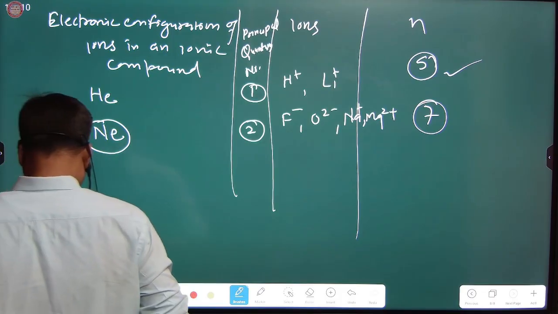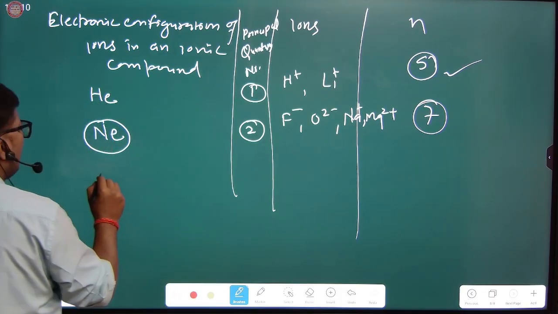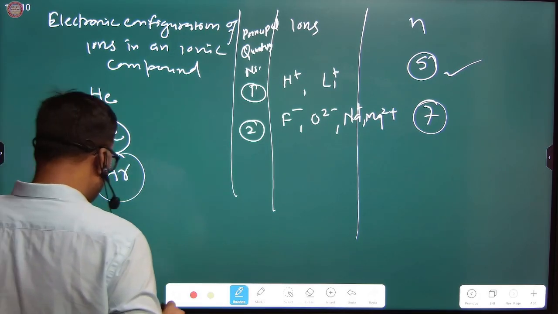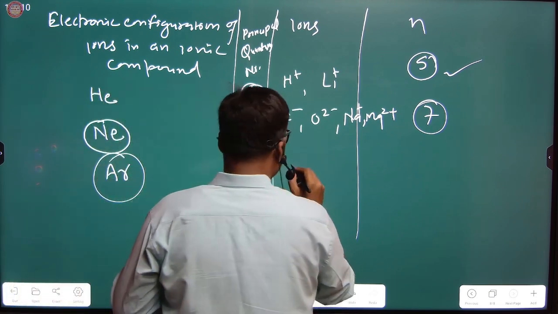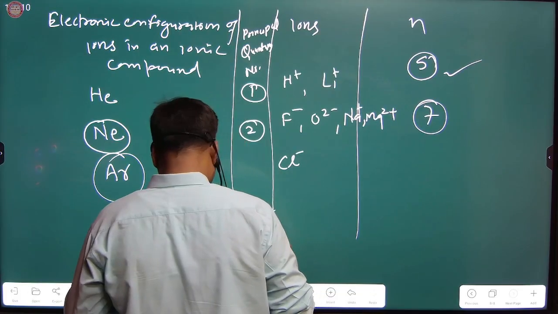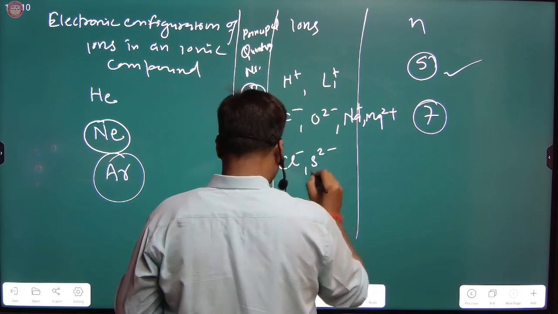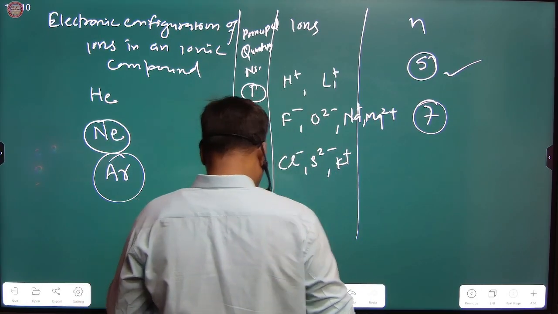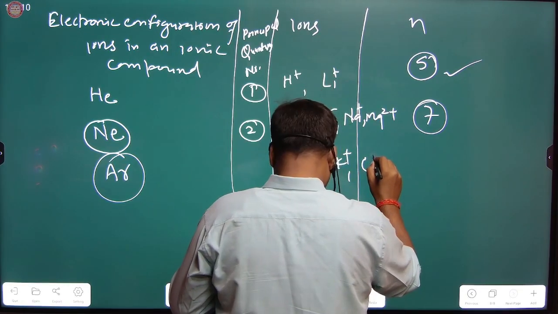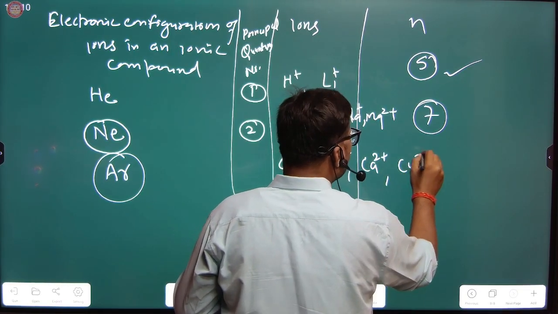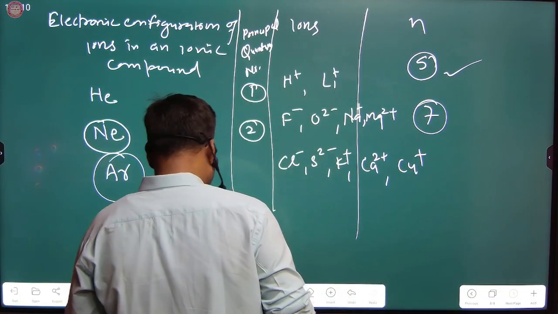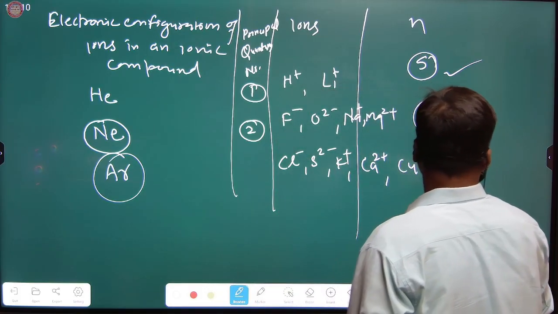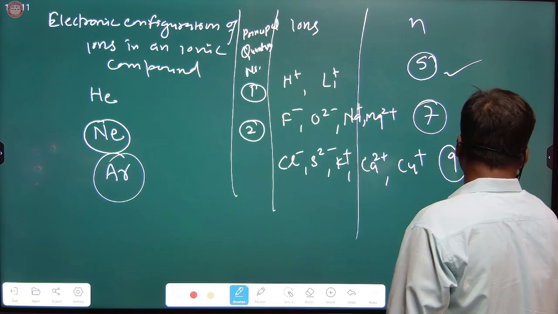And third, if it has an electronic configuration like argon, meaning the ions Cl minus, S2 minus, K plus, Ca2 plus and Cu plus, the Born exponent is expected to increase, that is 9.